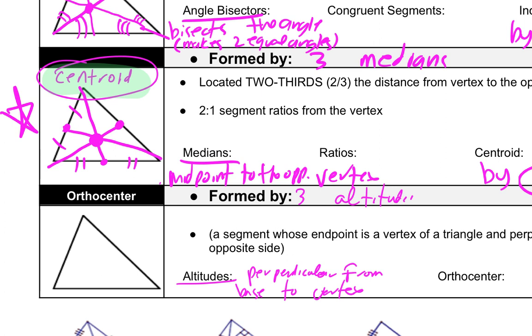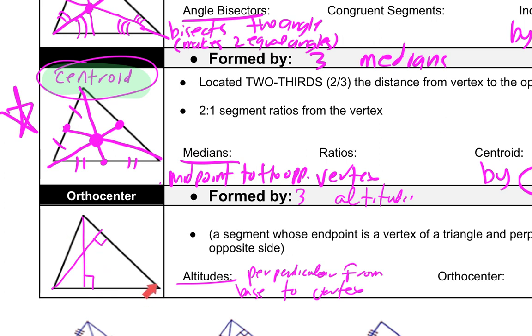So on this one, we're going to start from that vertex and go straight down, making it perpendicular. Then on this one, we start from that vertex and go straight down, right? From that base to that vertex, making a 90-degree angle.